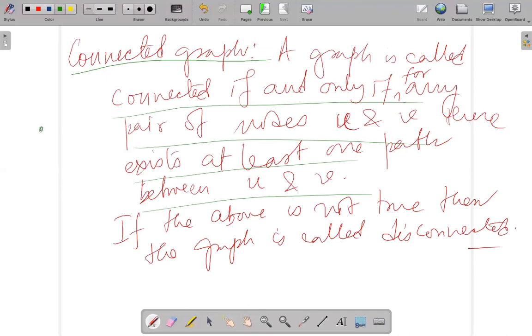For instance, this is a connected graph because you find a path from every node to every other node. In fact, this itself is also a connected graph. Every pair of nodes you take up, you should be able to reach another node in the graph through a set of edges.